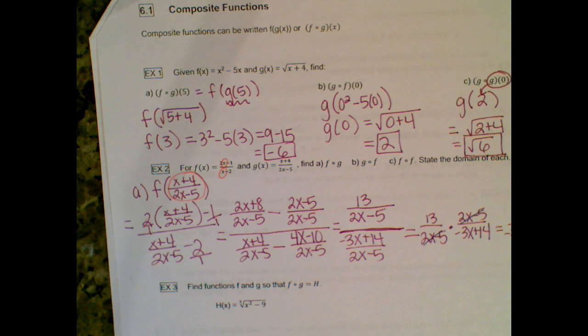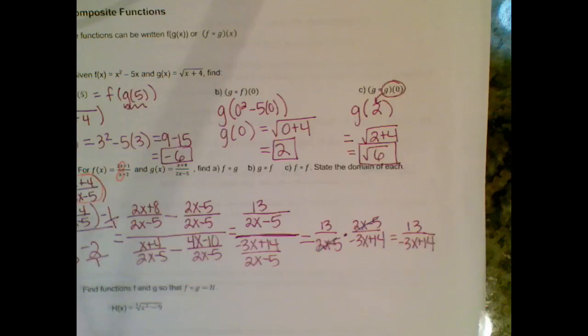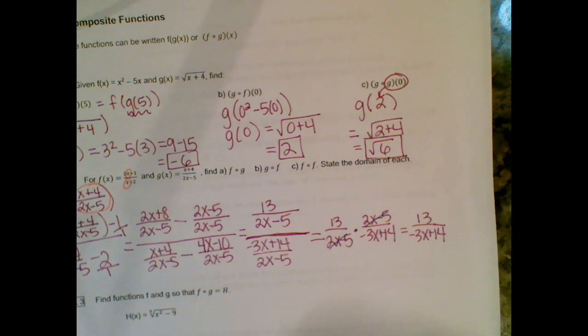Notice in the directions that it says state the domain of each. Now, we talked about this when we did the other function operations, when we did adding, subtracting, multiplying, dividing. It is not just the final answer where we have to consider the domain. We have to consider, in this case, anything that would ever give a 0 in the denominator or a negative under a square root in any of the steps.